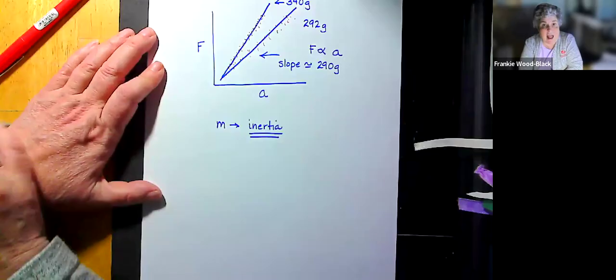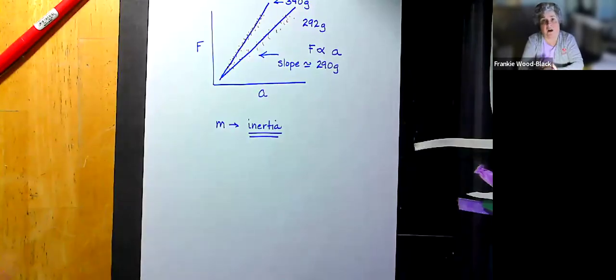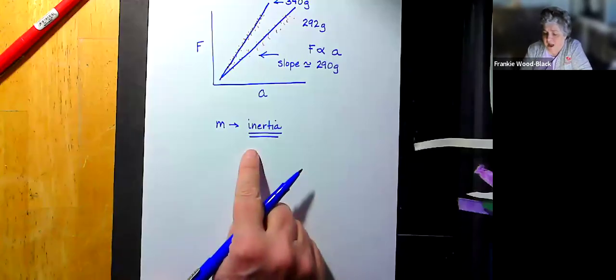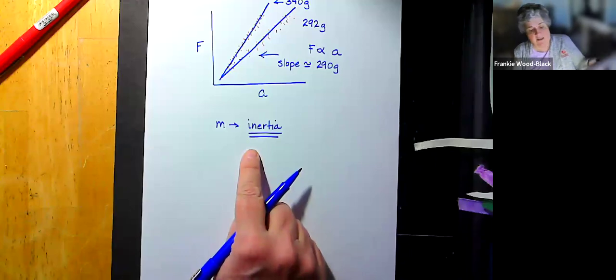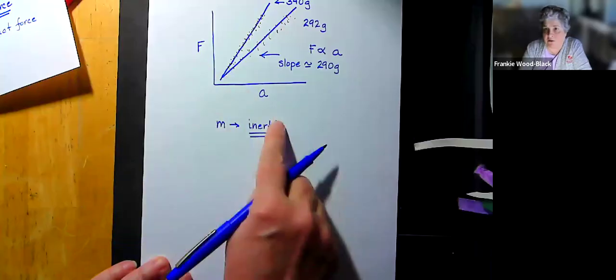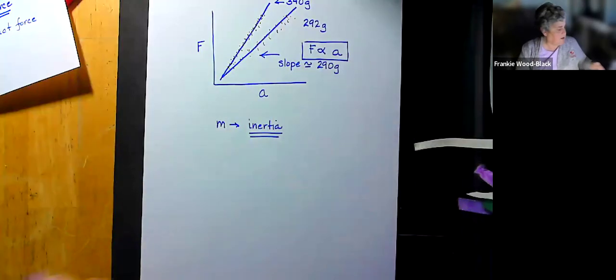The more mass I have, the more push I have to get it started, the more all of those lovely things that we have to have in there. So I have my inertia that comes in. So mass is related to inertia, and we know that there's a relationship between my force and my acceleration.